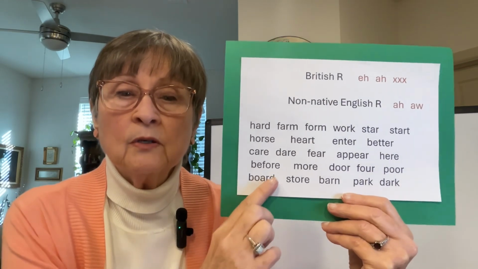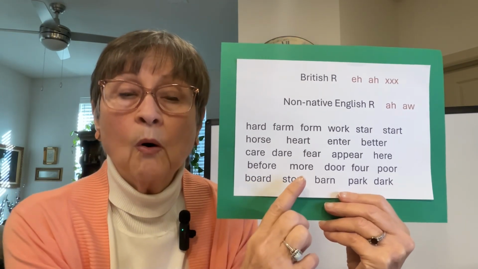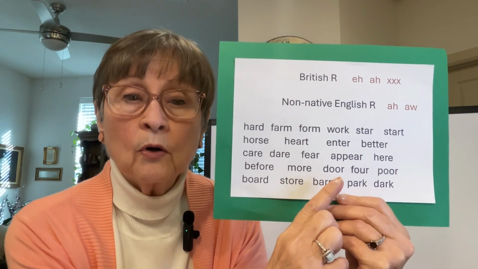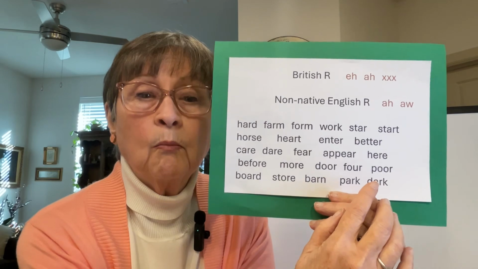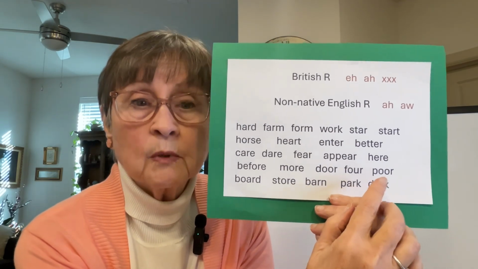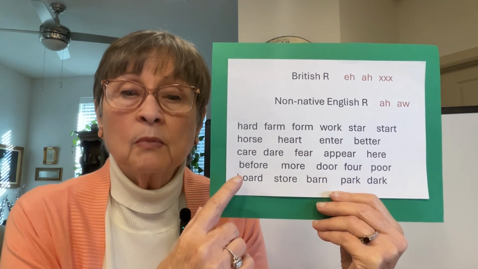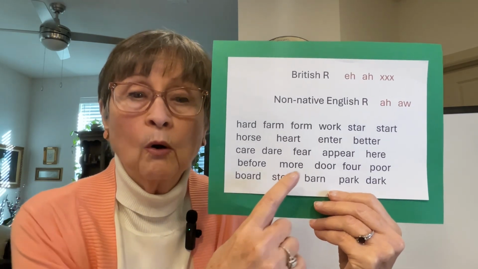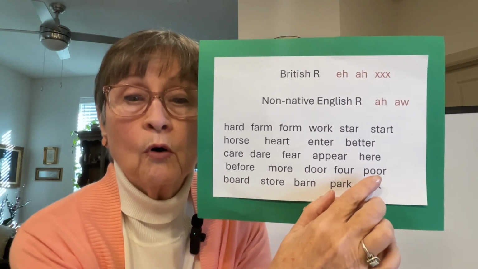Another group of words in American English, before, more, door, for, the number, for, poor. Not rich, but poor. In British English, it might be before, more, door, for, poor.